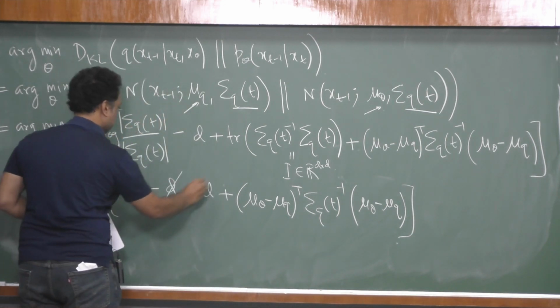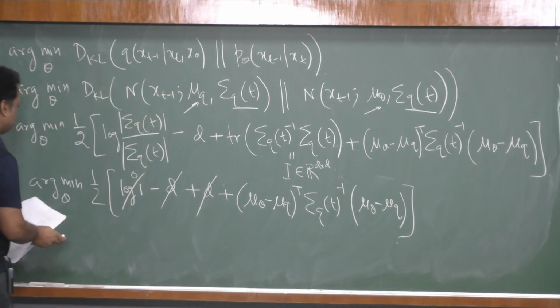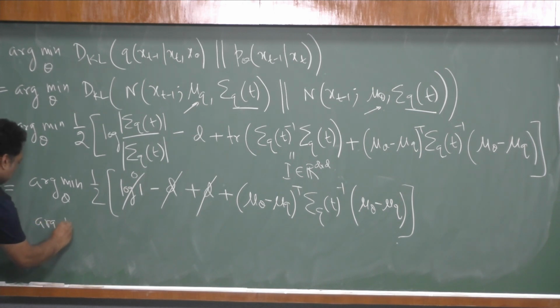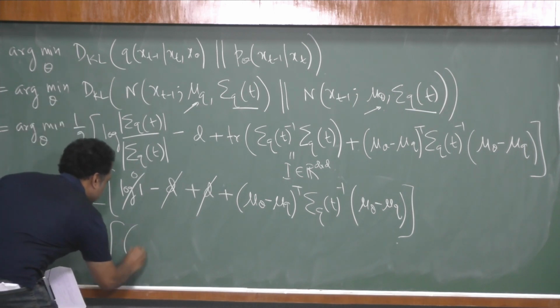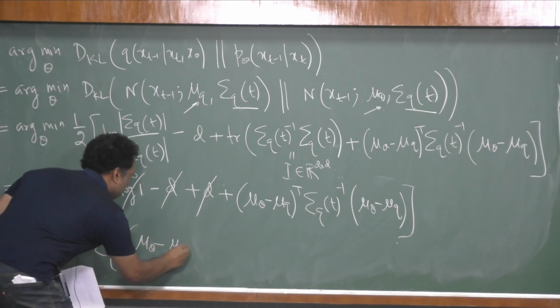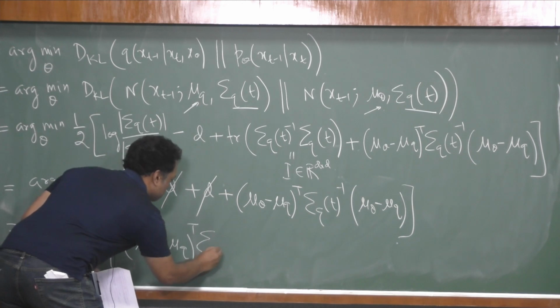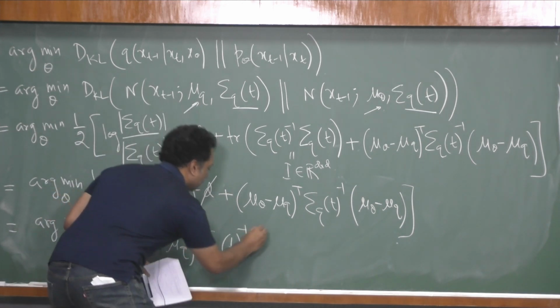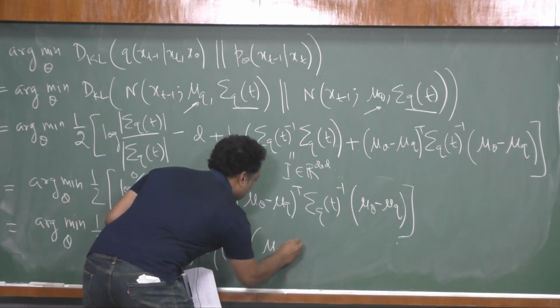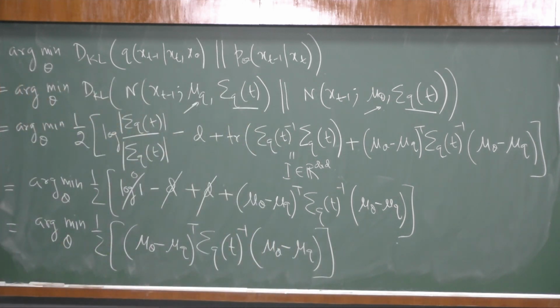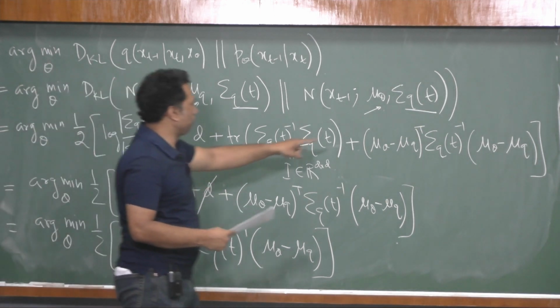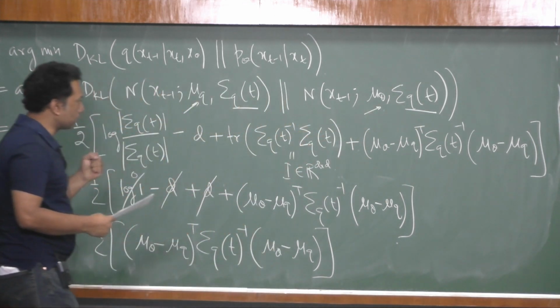So this d gets cancelled, and this becomes 0, and hence we are left with arg min over theta of half and then mu theta minus mu q transpose sigma qt inverse and then mu theta minus mu q. So this is what we are left with, and what we recall from the last class is that sigma qt was sigma squared, small sigma qt squared.